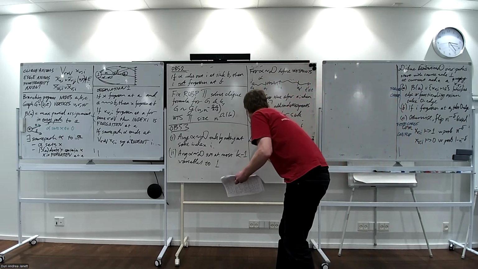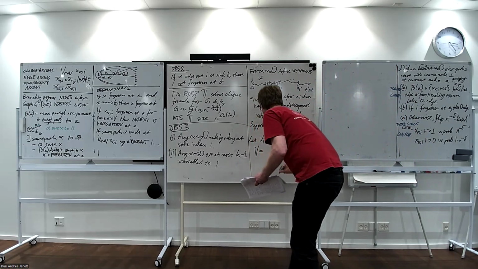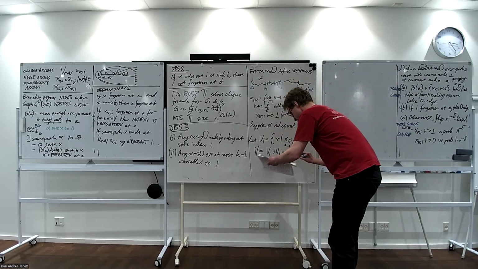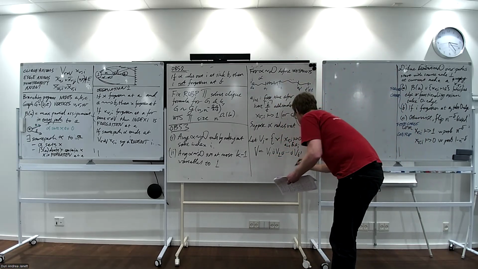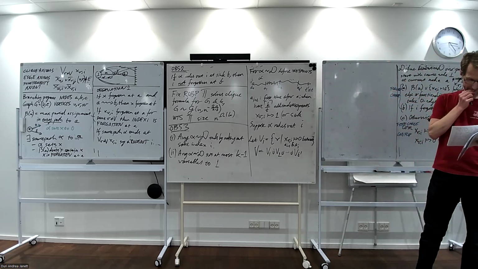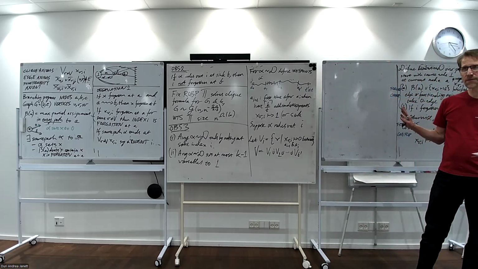Then I claim that the set of all vertices V in the graph is the disjoint union, a partition, of V1, V2 up to V T prime. You happy with this?